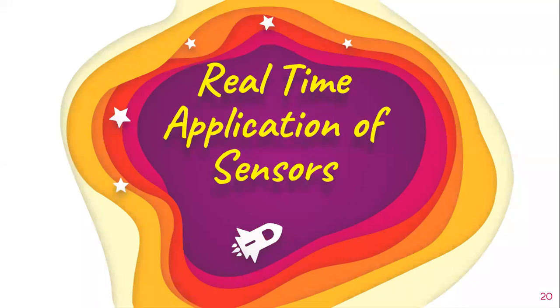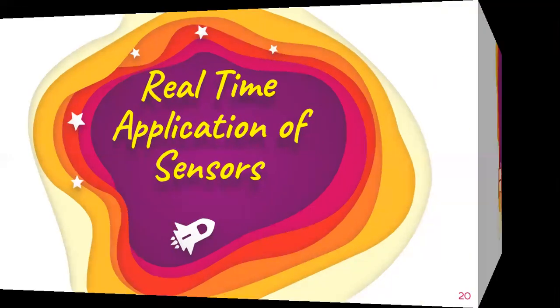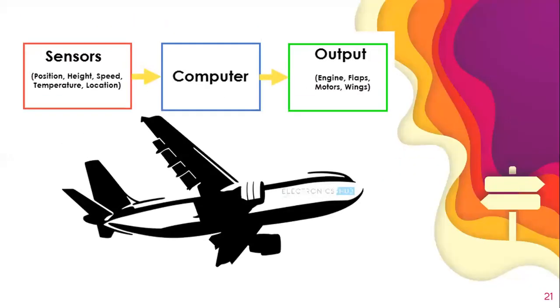And let us see a real-time application of sensors, which is the AutoPilot system. So most aircrafts have the feature of an automatic flight control system, which uses a number of sensors to monitor the height, to control the speed, to track the position, and to monitor the temperature, location, and so on.